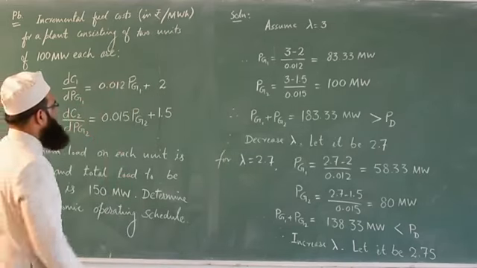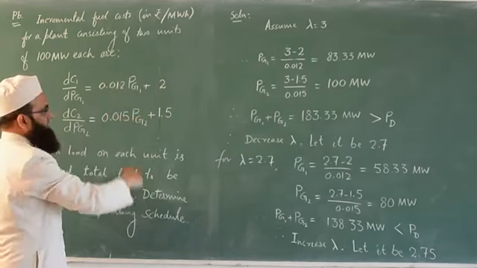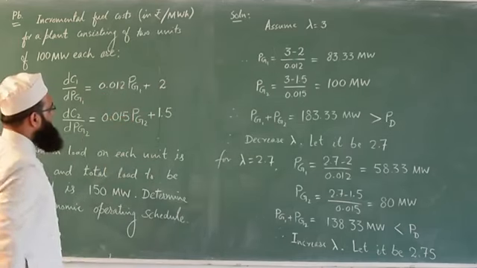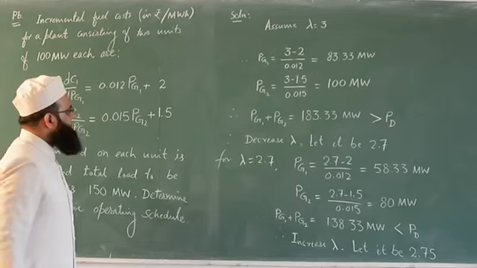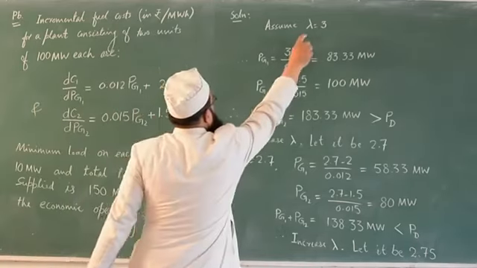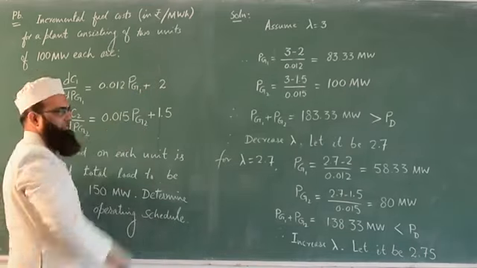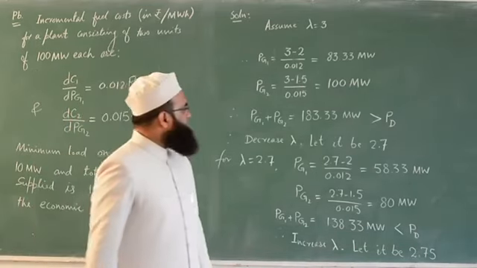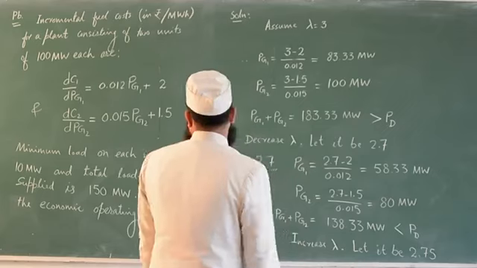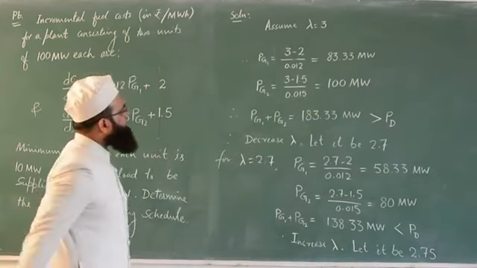This is the equation of a straight line, y equal to mx plus c. Here the variables are Pg1 and Pg2, which are required to be determined. So this assumed value of lambda should be greater than the largest intercept of the various units. Let us assume 3, obviously greater than the intercepts.